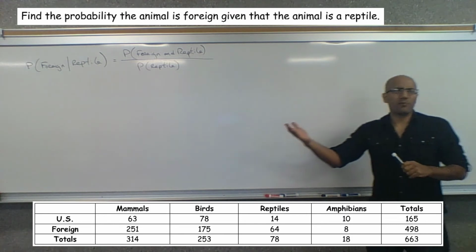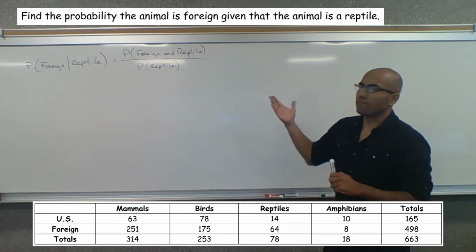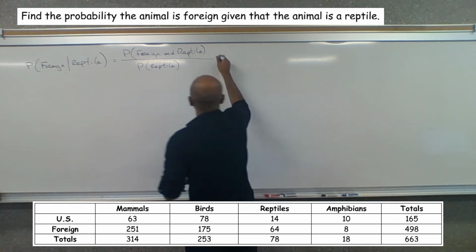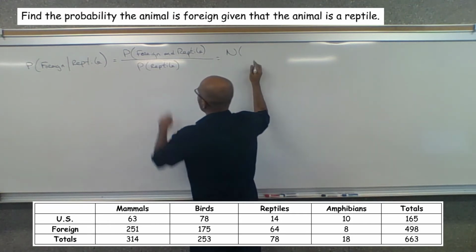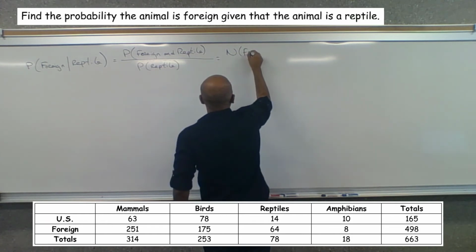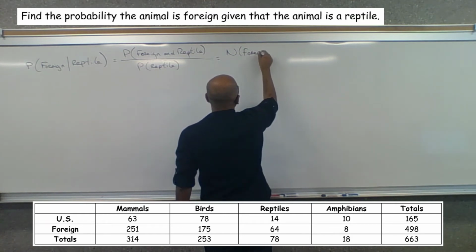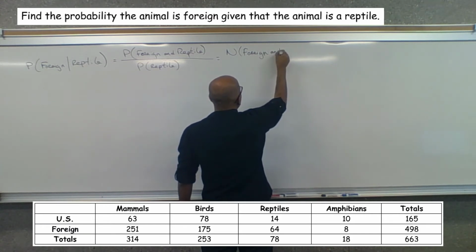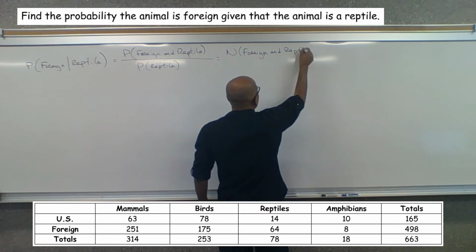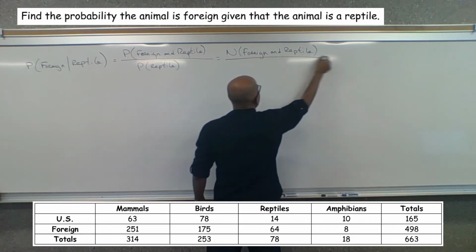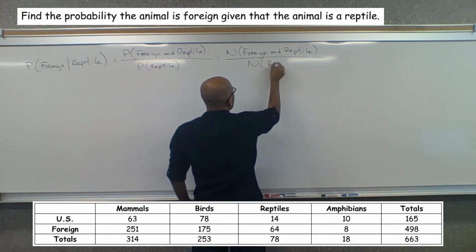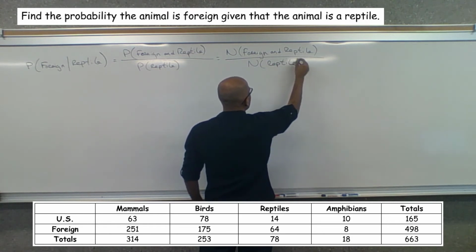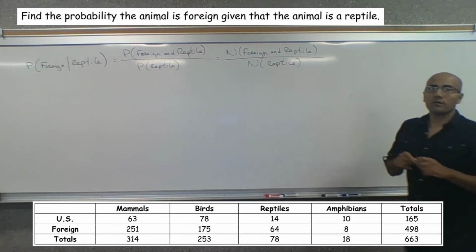That's the definition of it. And well, we don't have probabilities here, so that's not very helpful, but we have another version of the same rule that says that it's also equivalent to the number of outcomes in foreign and reptile divided by the number of outcomes in reptile. Good.